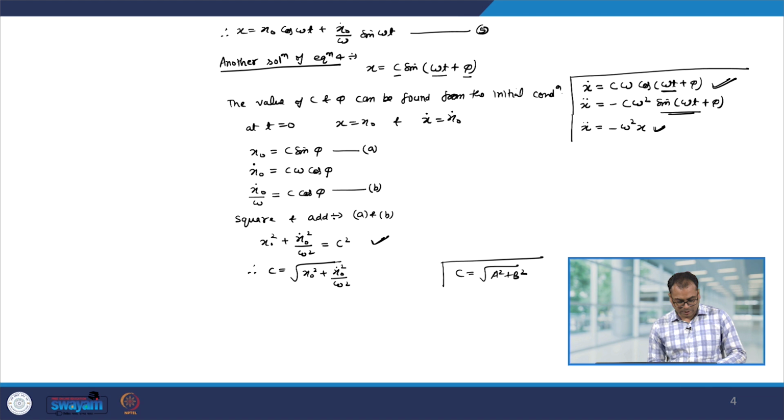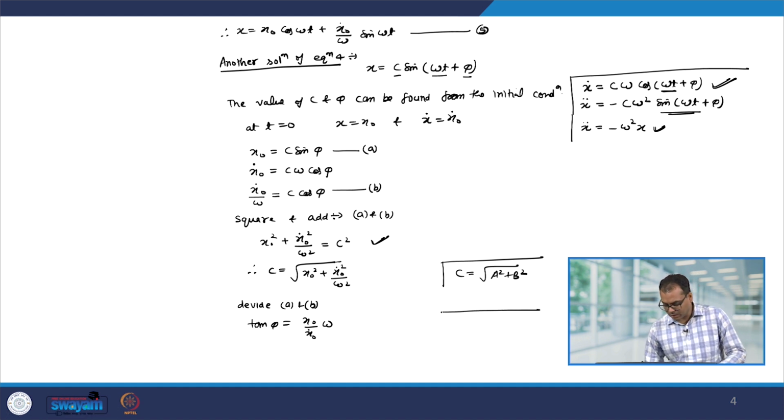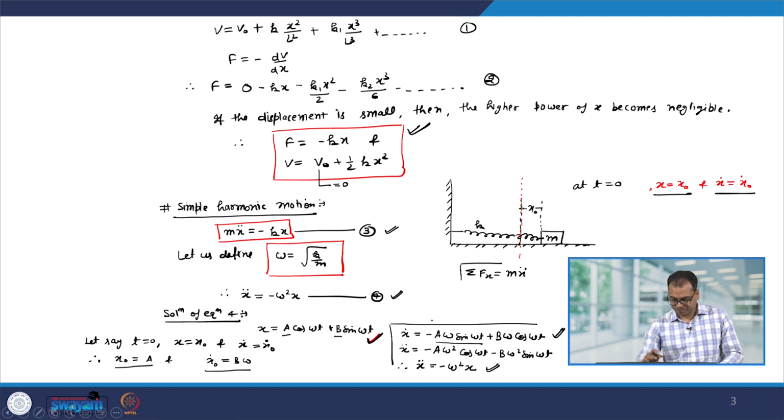Now, to find the value of phi, let us divide A and B. So, we have tan phi equal to x naught omega over x naught dot. And again you can see that phi is also related with A and B, because A was x naught and B was x naught dot over omega.